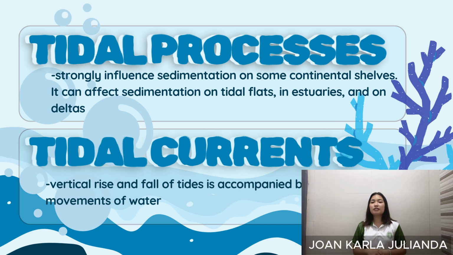Asymmetrical currents may result in net sediment transport in the direction of a stronger current. If both current phases are able to transport sand, herringbone cross-stratification and reactivation surfaces may also form.